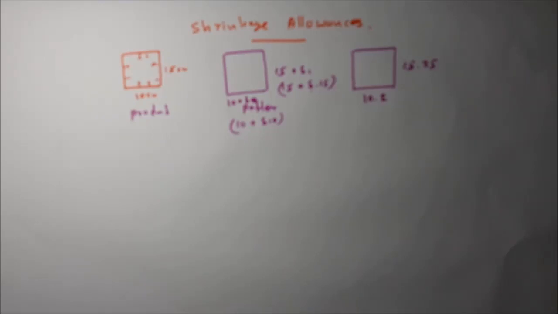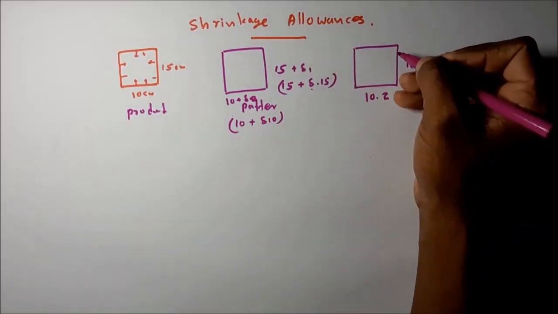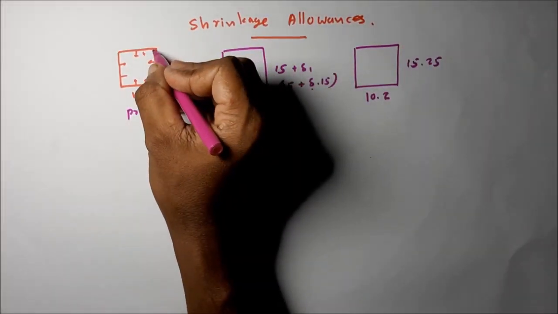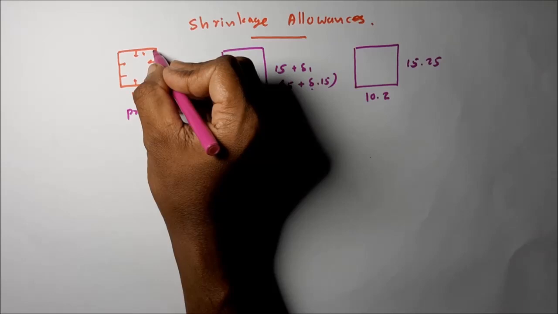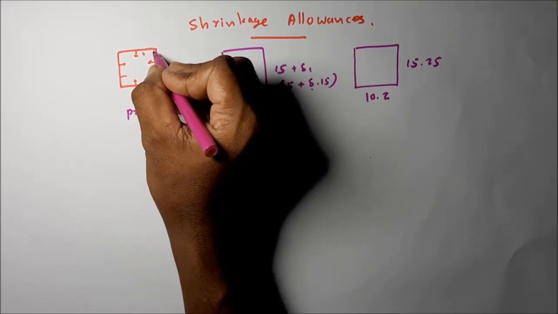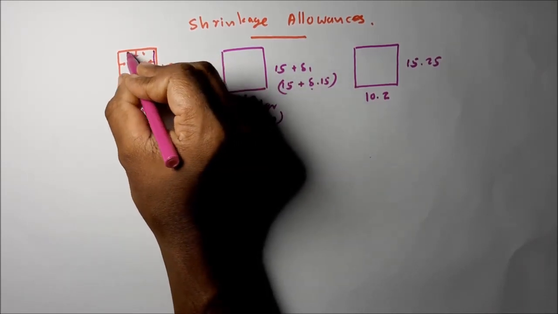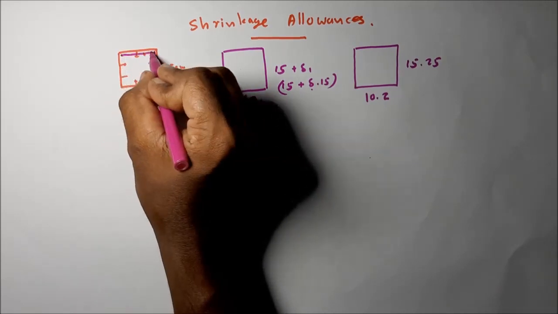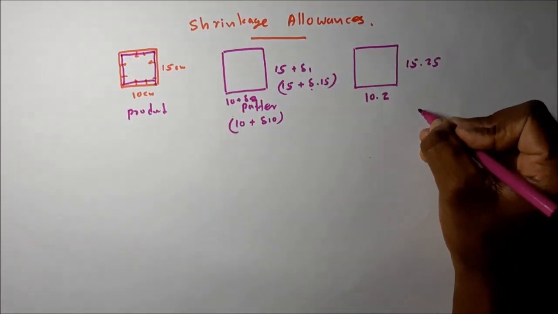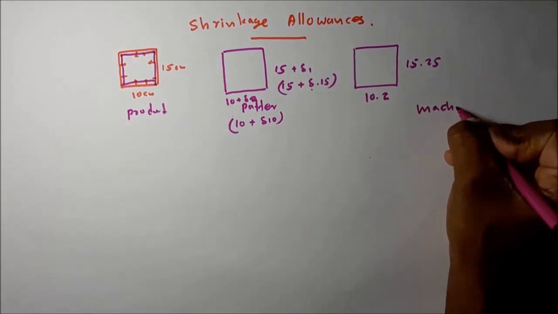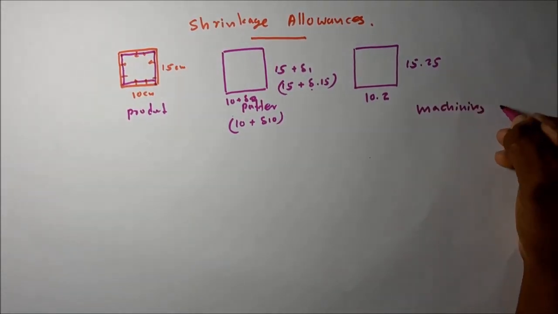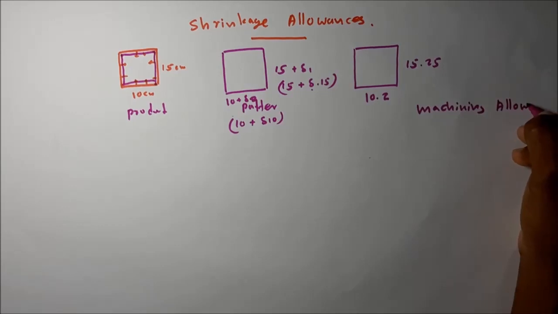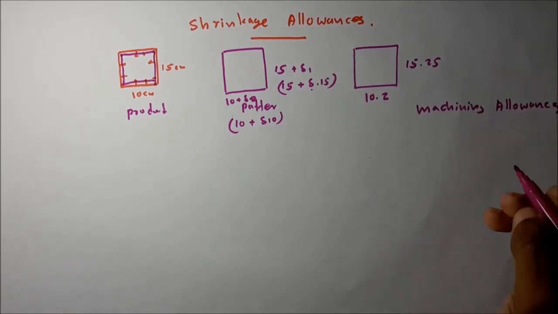Another one. After casting, let's take that we want to machine a surface. That means we want to get a smooth surface for these four sides. In that situation, we have to give machining allowances.